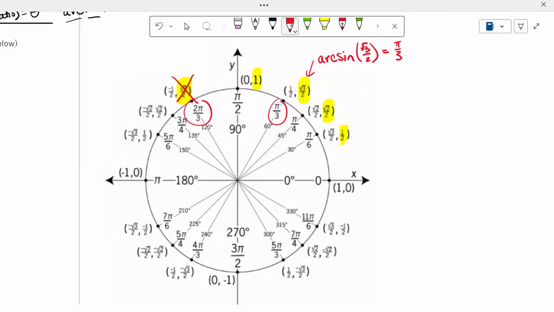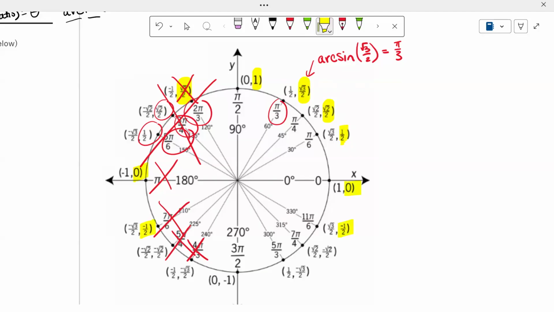So that means for sine, none of these angles can be used as what we would get for an answer. So in other words, the range. None of these. Because here, the y value is 0, and same here, so we can't have it. Here, the y value is -1/2.